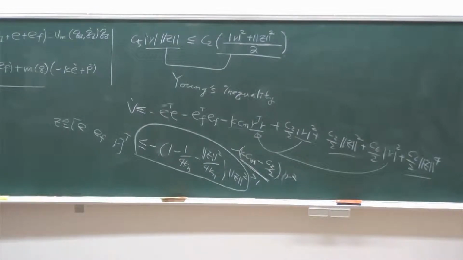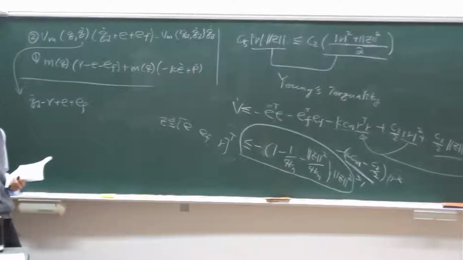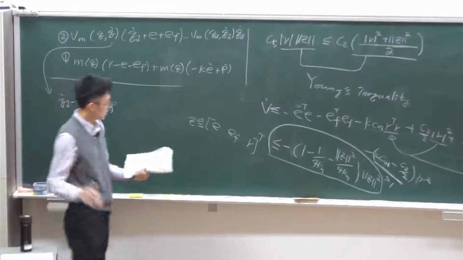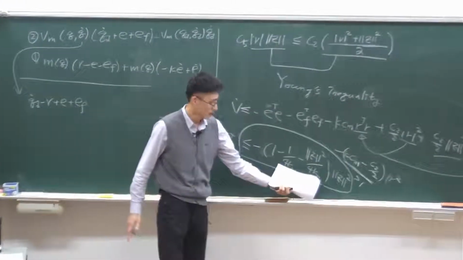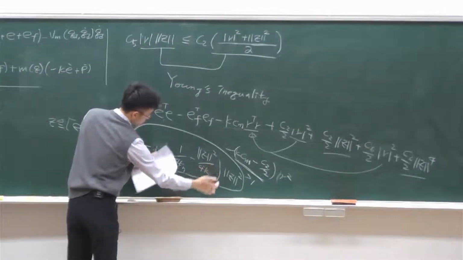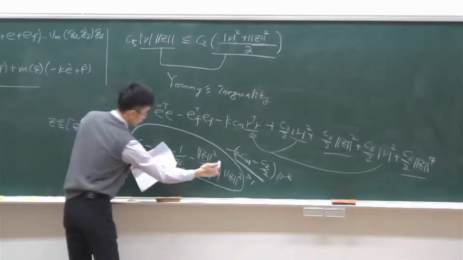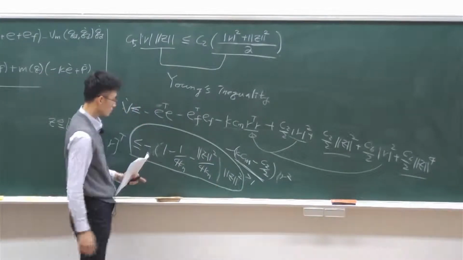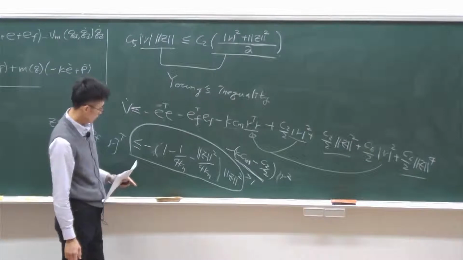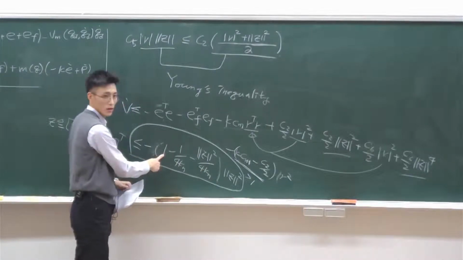Semi-global, right? Z now is the state, right? And for this function to be negative definite, this part has to be positive, right? For this to be positive, you need to make sure the summation of these two is smaller than 1.